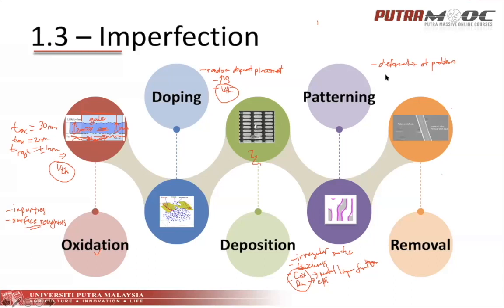For example, you want a square shape, but you have an oval shape, or you want an L shape, but you obtain something different. So you have a different pattern being fabricated on the wafer.